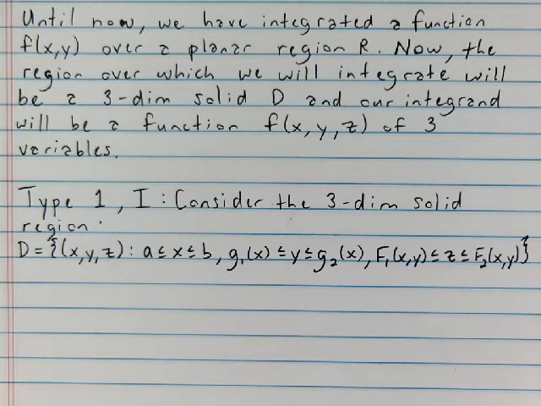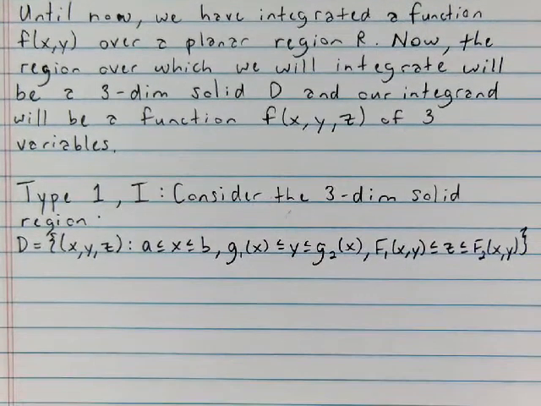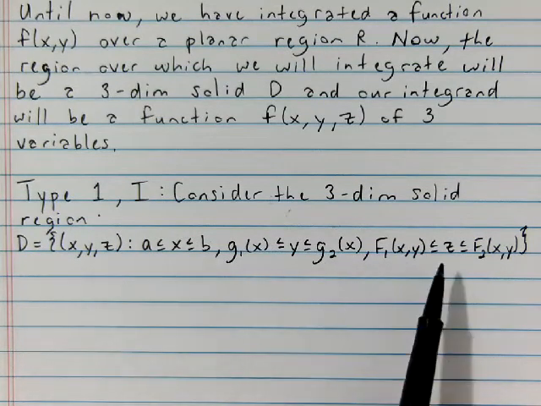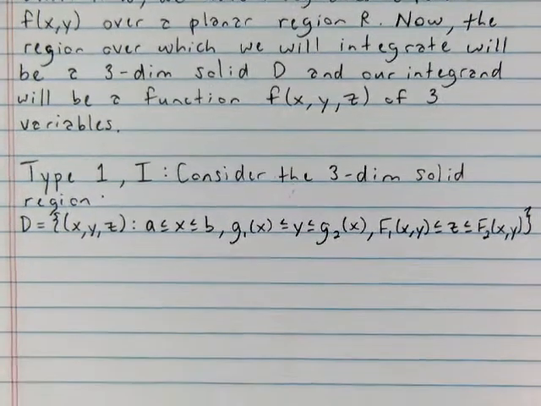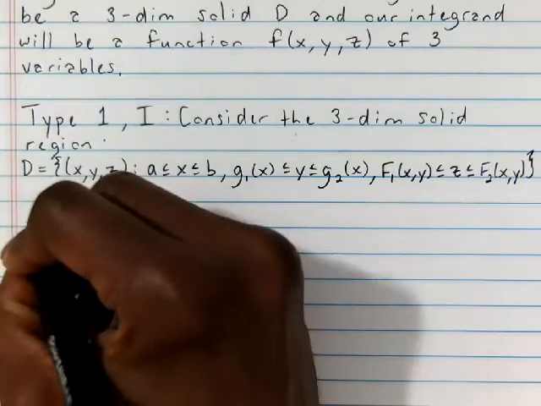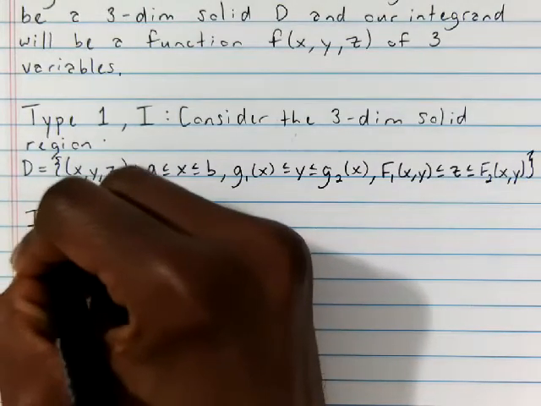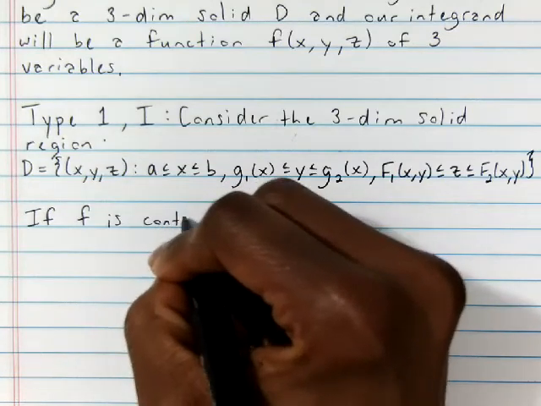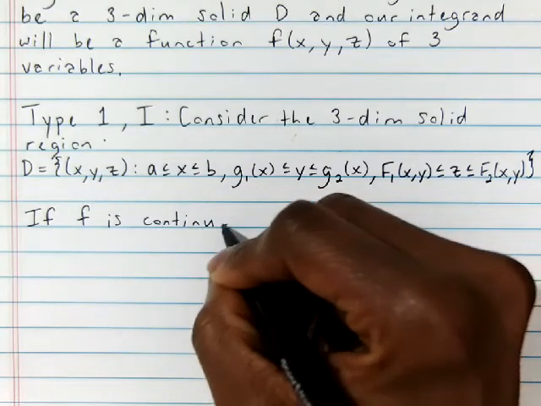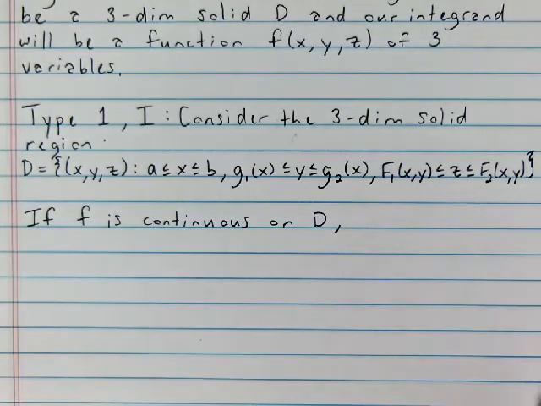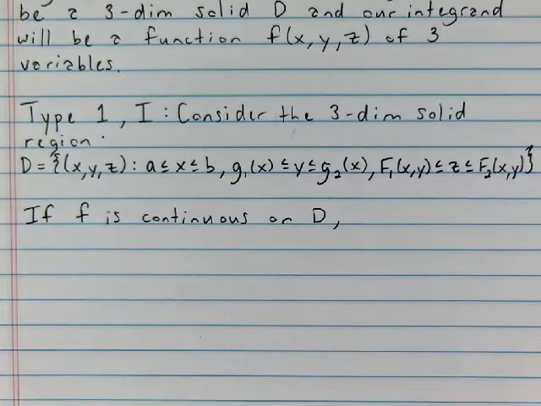So now how do we set up an integral if our region is a solid that looks like this? I'll sketch a region like this so you have more of an idea. So if f is continuous on D, then, because you all know double integrals, some aspects I'm taking for granted.